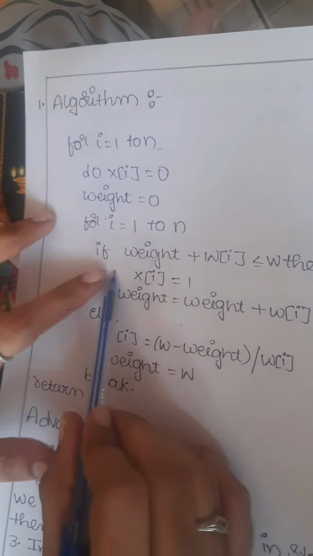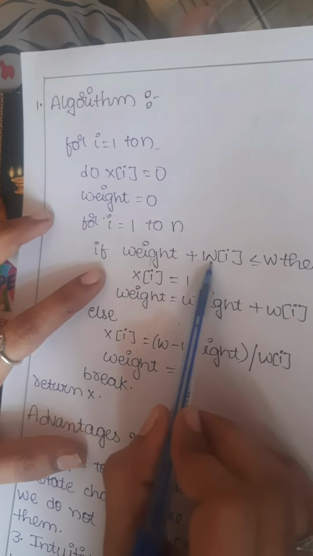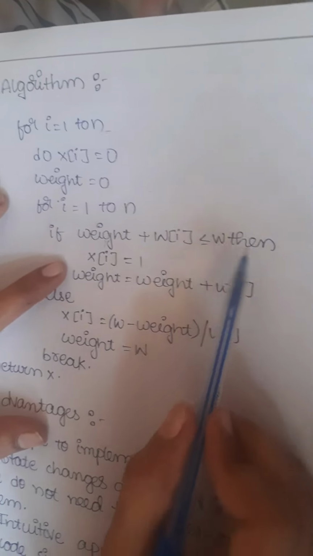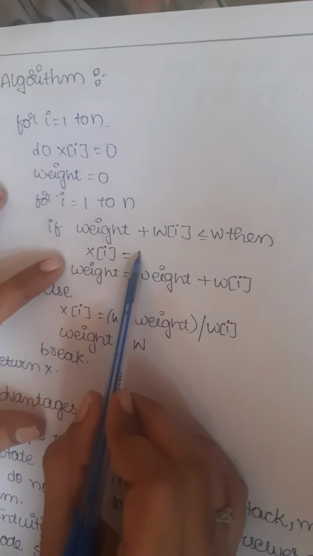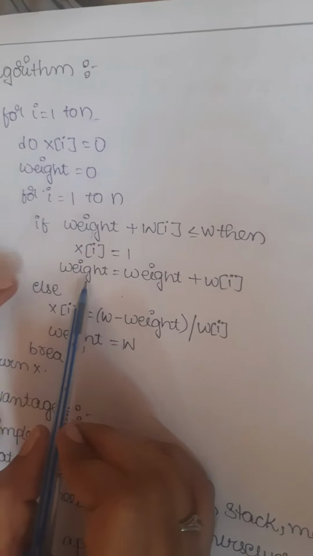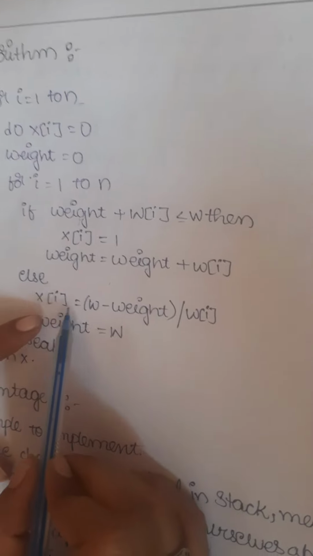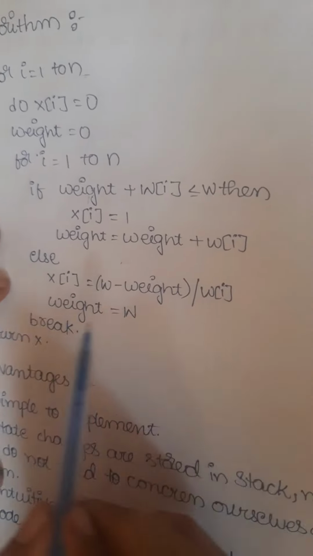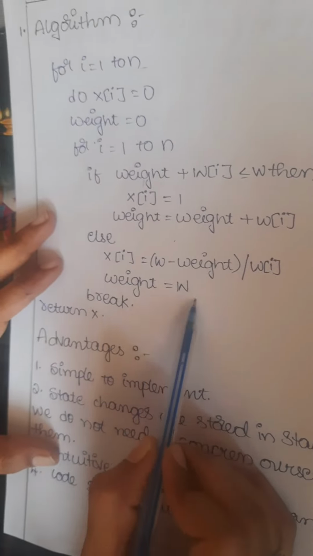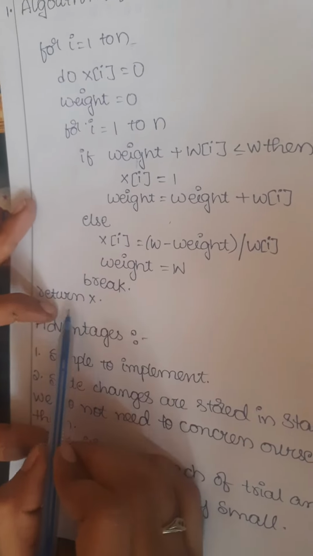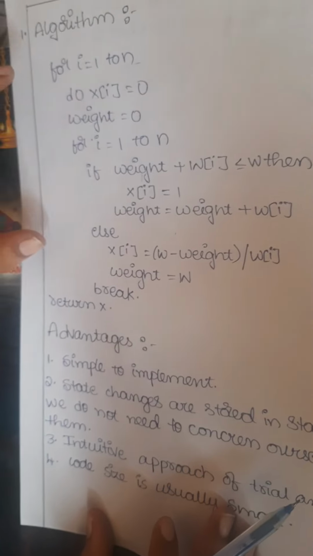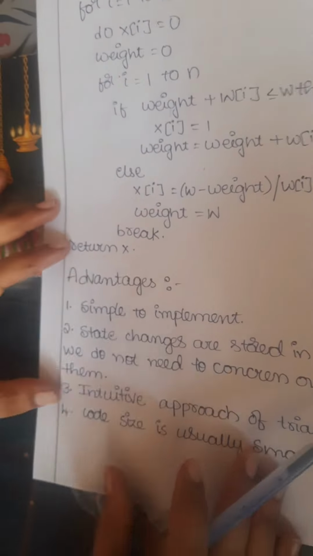And next, if weight plus w of i is less than or equal to W, then the xi value becomes 1. Otherwise the xi value becomes (W minus weight) by w of i. So weight is equal to W, then break and return the x values. This is the algorithm for the greedy method of knapsack.